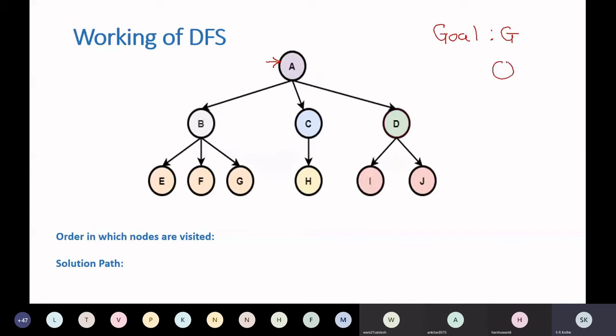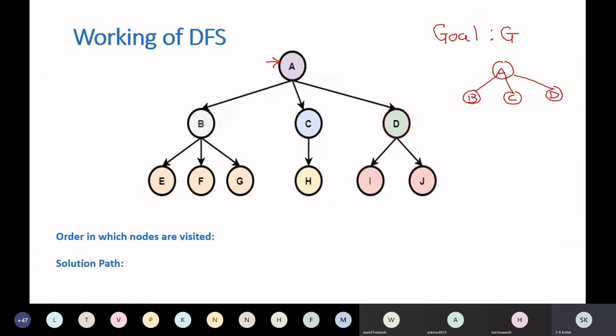So we will draw a search tree here. A is not a goal node, so the algorithm will explore A and generate its children. Three children are there: B, C and D. Since it's depth first search, you are going to move along the depth of the search tree. So are you going to check the leftmost node first or the rightmost?